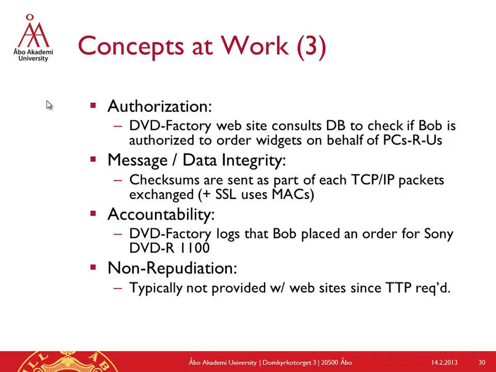Thinking about accountability, there has to be a log on this website to track everything Bob did during his sessions. And of course, non-repudiation, because this might be problematic for particular websites.